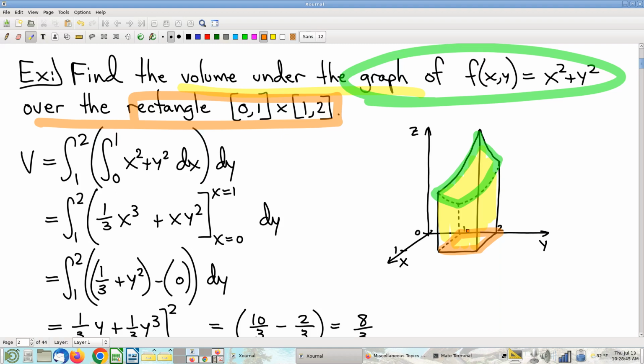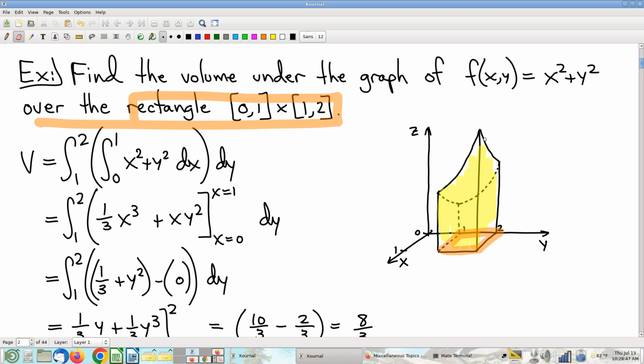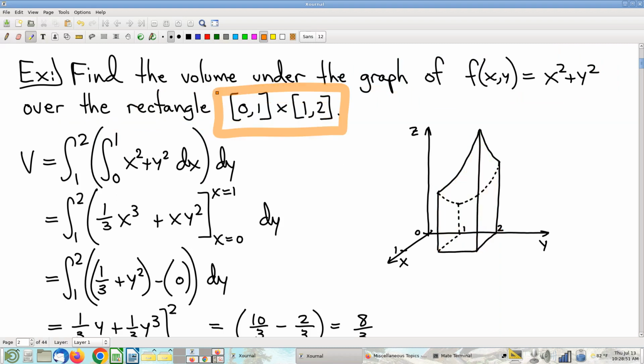I am going to hit the pause button real quick here and talk about this notation. This notation is very common. It's very convenient. And I just want to make sure everybody knows what it is. When you see an interval and then a times, little cross, and then another interval, that is not a cross product.